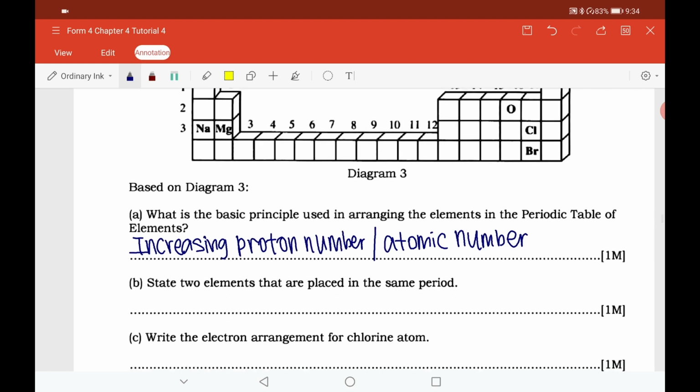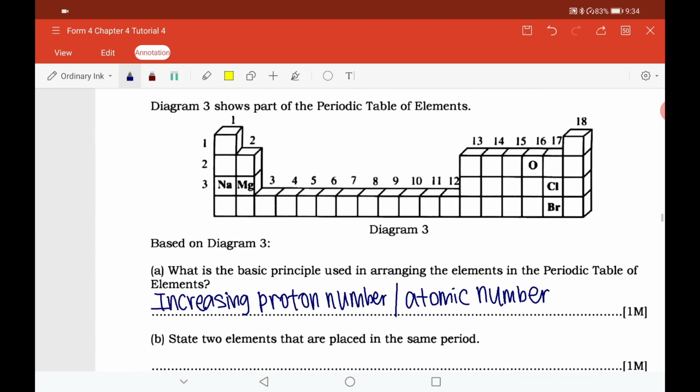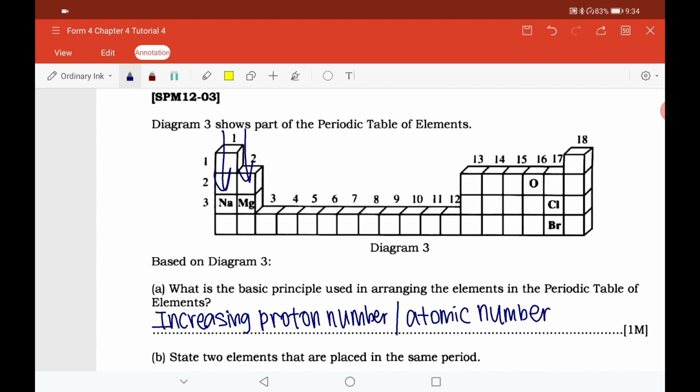All right. So next one, you need to mention two elements that are in the same period. We know this is group and this is period. So the ones in the same period should be these, Na and Mg. It can be Na and Mg, Na and Cl, or Mg and Cl, up to you.